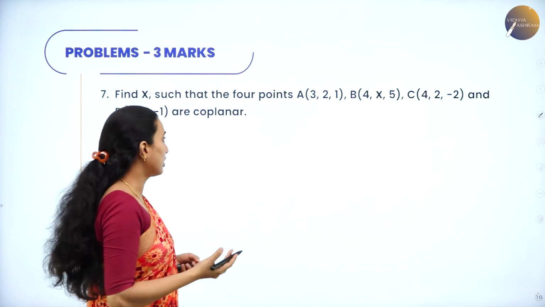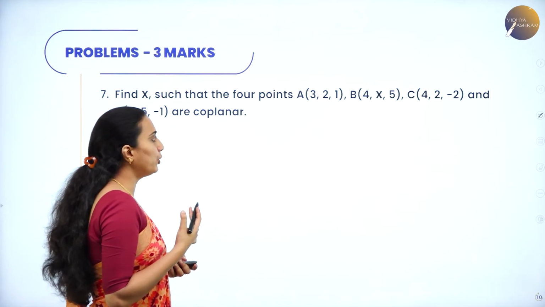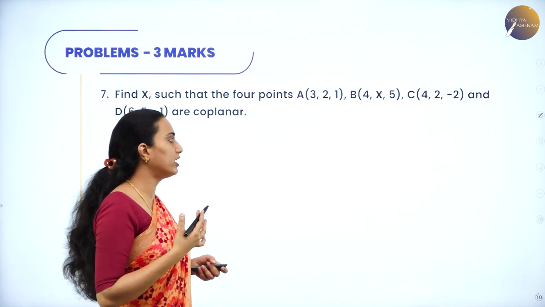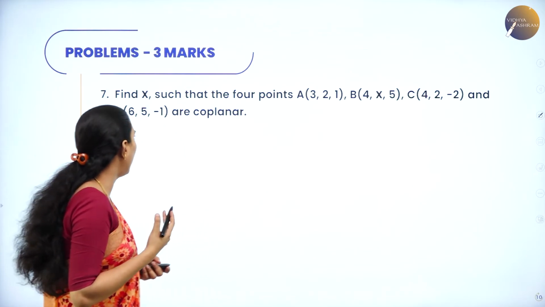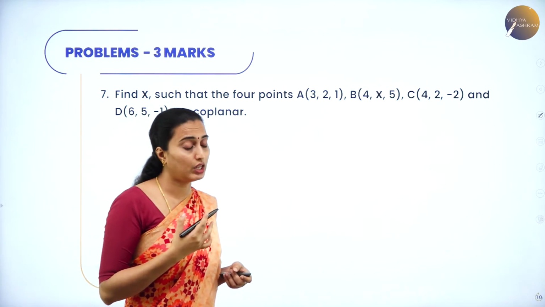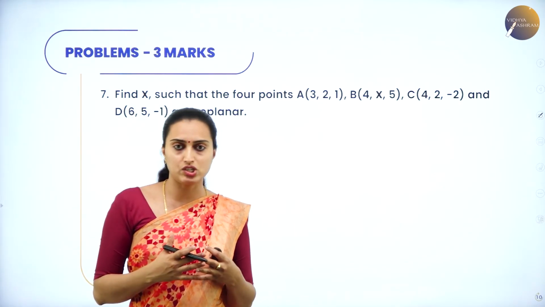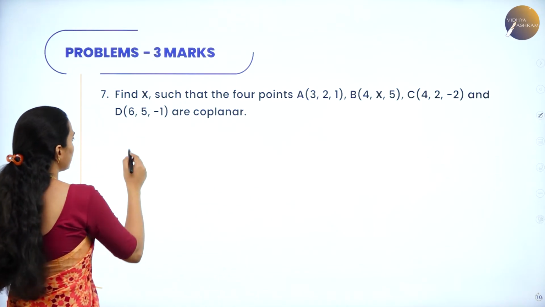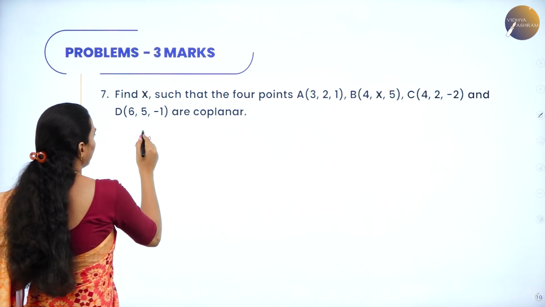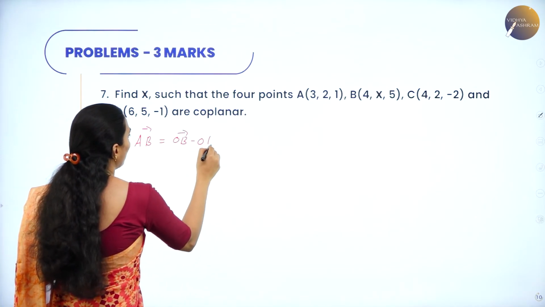Find X such that the four points A(3, 2, 1), B(4, X, 5), C(4, 2, -2) and D(6, 5, -1) are coplanar. Now, they have given the 4 points A, B, C, D. We need to find the position vectors. AB vector is nothing but OB vector minus OA vector.